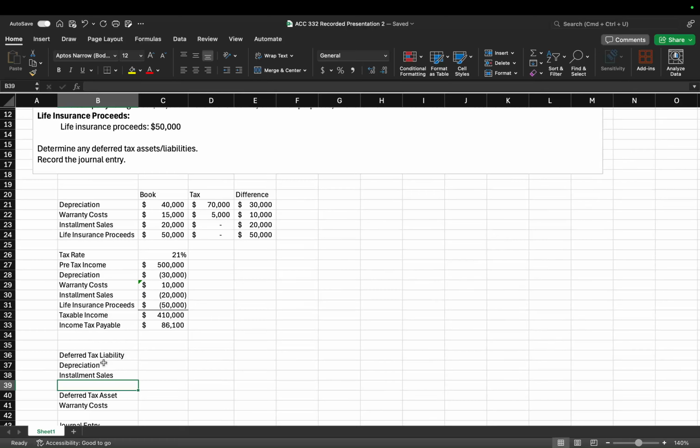The deferred tax liabilities and assets only apply to the things that would reverse out because it's creating a future, obviously, liability or asset. So here, our difference is $30,000, but to find the actual liability, we need to multiply it by the tax rate.